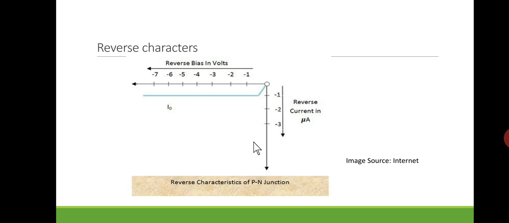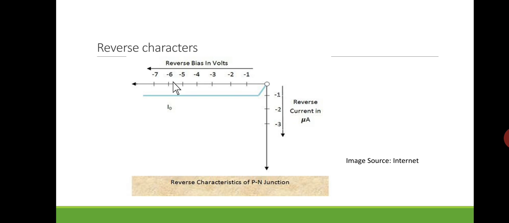Okay, but even though, we are going to get some current. So here you see where we are going to draw the reverse characteristics. This is the negative region of the graph we are going to draw. Here you see -1, -2, -3. If it is reverse bias, the current is in reverse.